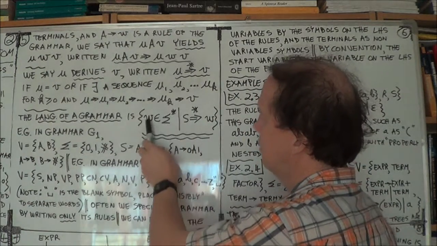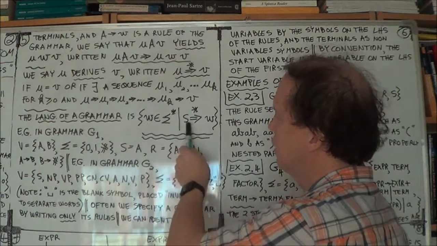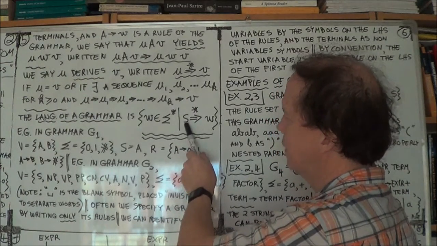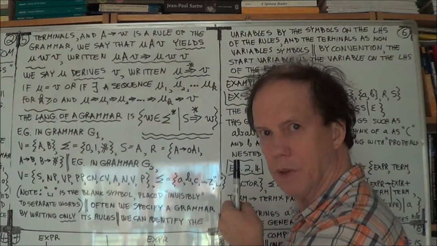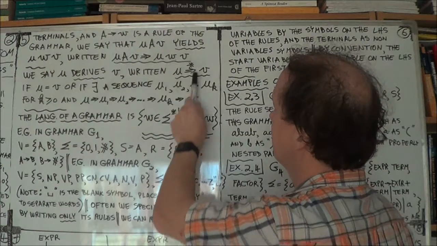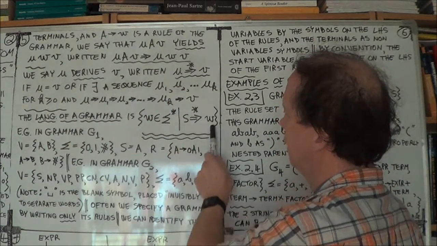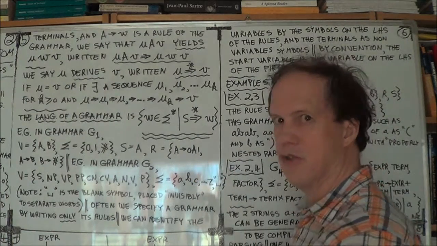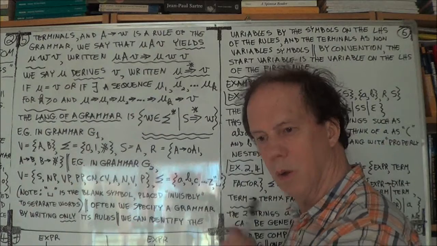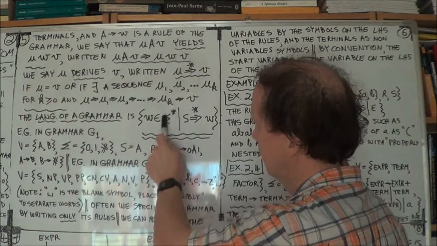But with the condition that, starting with your S, the start symbol of your grammar, you can derive that string W. And W is a string all of whose symbols are terminals, because W belongs to sigma starred.